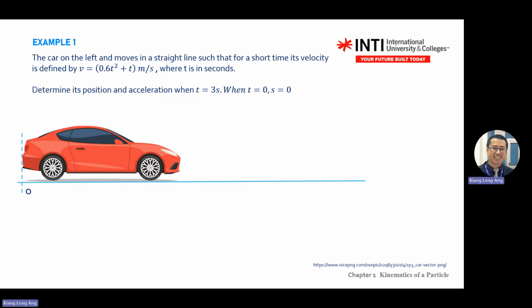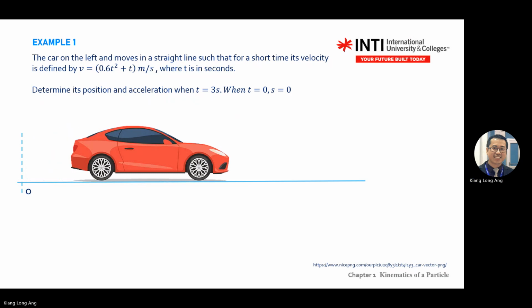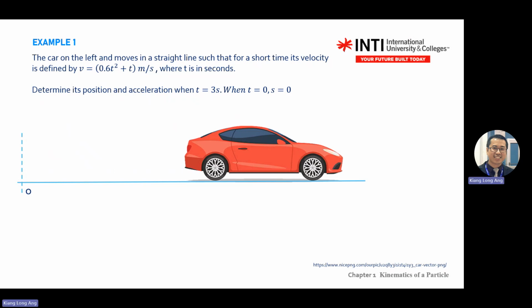So I label the initial point O, and the information I have is velocity equal to 0.6t plus t squared. Again, unit is important, meters per second. You need to find, after 3 seconds, what happens to the position and acceleration, at t equal to 3.